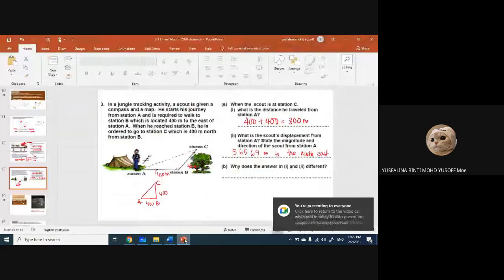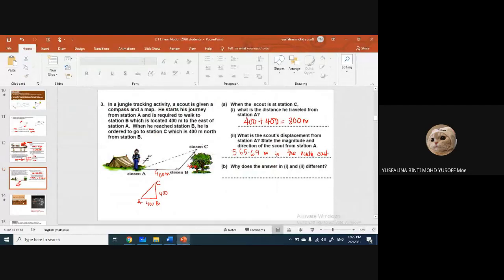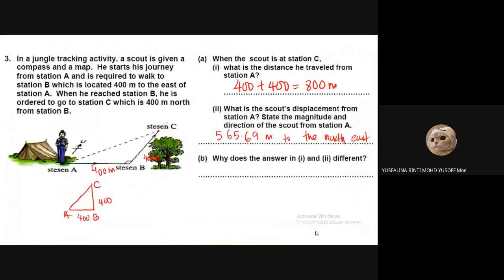Right, so what's the answer, Kaylee? Why does the answer in 1 and 2 differ? Because displacement is the shortest distance, I think.